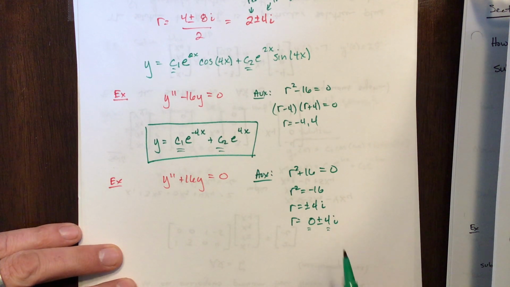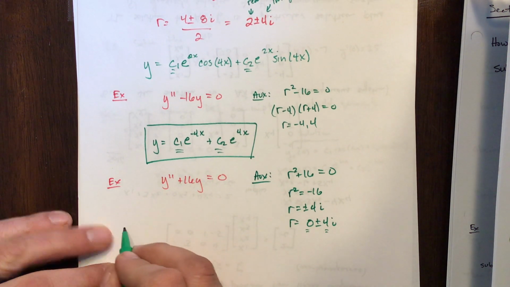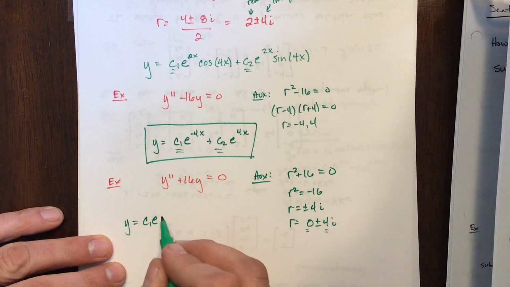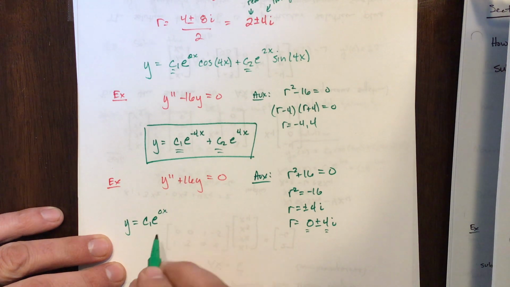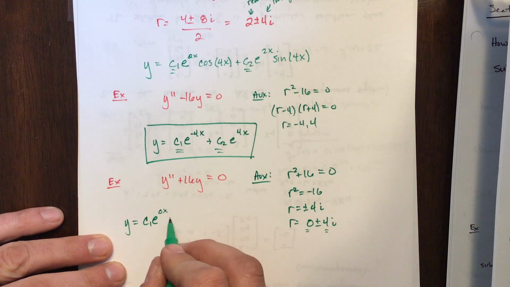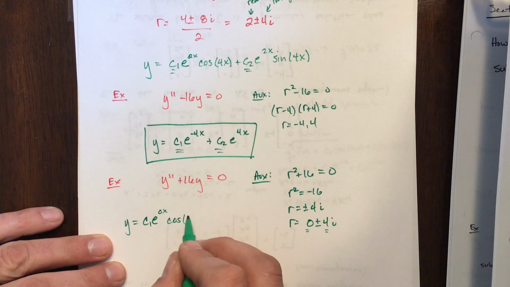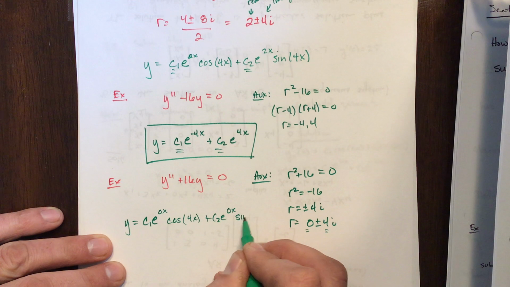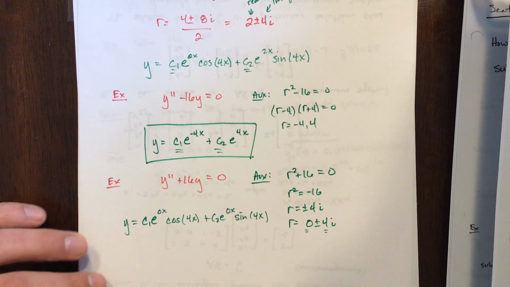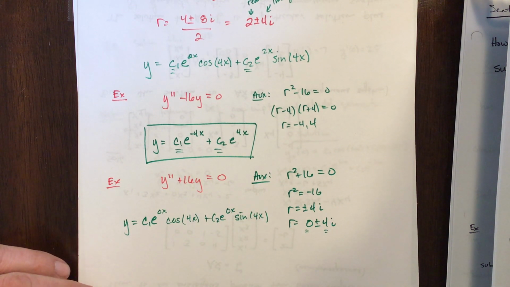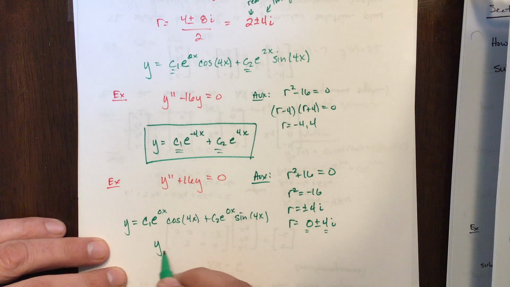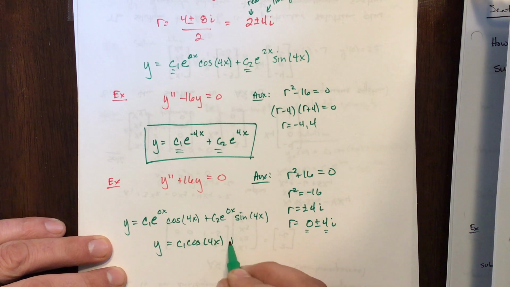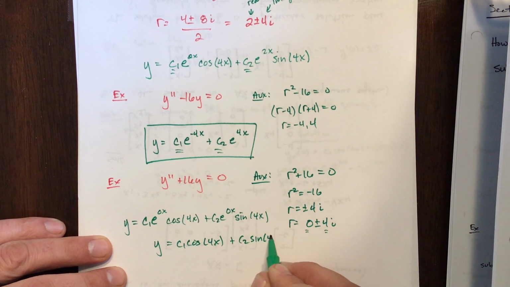That's the real part, that's the imaginary part. So when writing our general solution, it would be c1 e to the, and I'm being very careful in this first step, e to the 0x cosine 4x plus c2 e to the 0x sine 4x. But e to the 0x is just 1. So this is really y equals c1 cosine 4x plus c2 sine 4x.